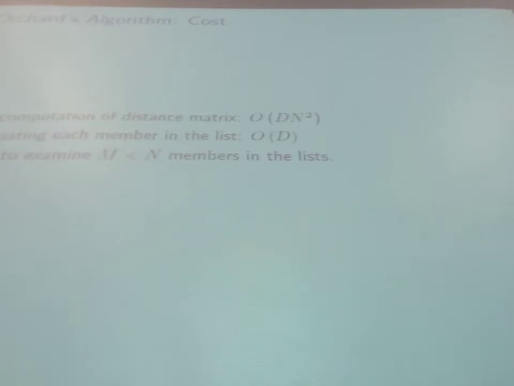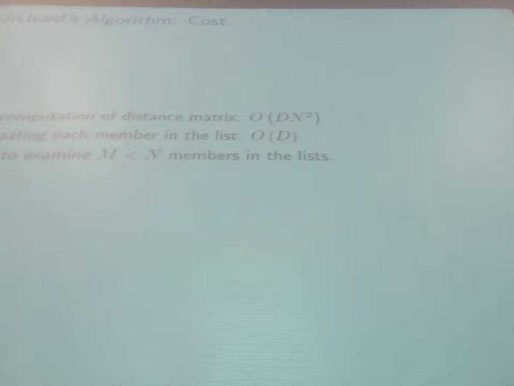But there's a big computation cost, both in time and storage, at the beginning. For Euclidean distances, where d is the dimension of the vectors, it's going to cost you order d n squared calculations. And you've also got to go along with Ochi's algorithm.